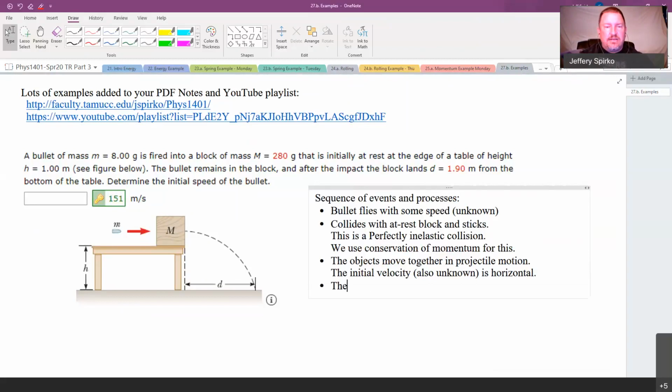The initial height is h, which we know. And the landing is a distance d from the launch.